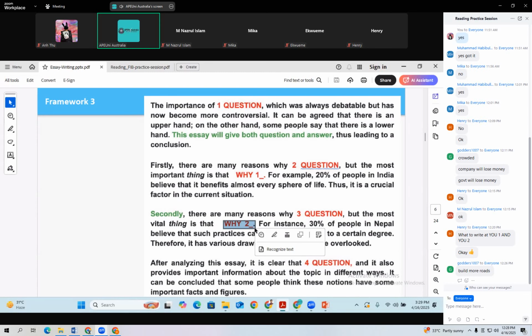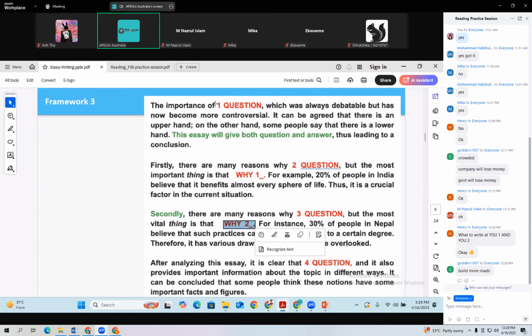Let's say if the question is like that: if you were the president of your country or prime minister of your country, what changes will you make and why? So let's say this is my question. Here you just need to change something, just a little bit. How?